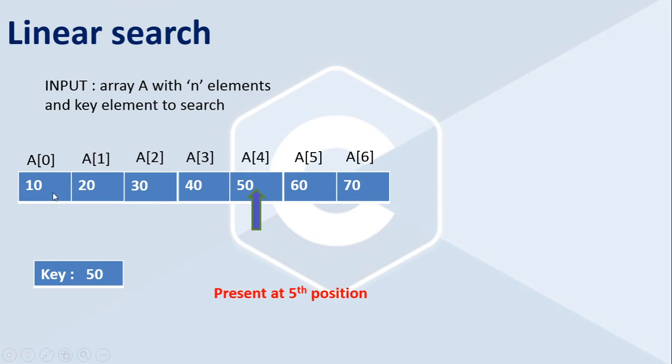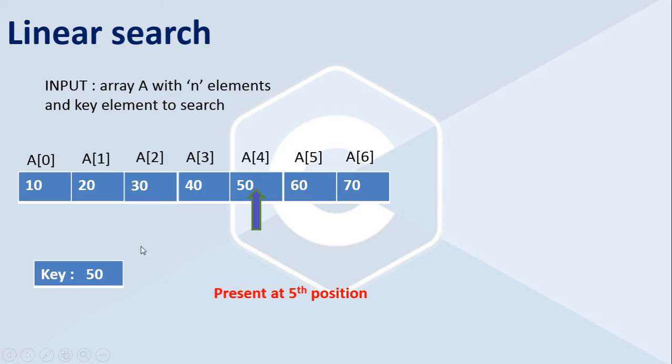That means this 50 is the 5th element of this array, and the index values range from 0 to 4, and at the 4th index position this 50 matches the key element. Actually this 50 is the 5th element of these 7 given elements, and this particular 50 is pointed to by the index value 4. So we can display a statement like this: this key element is present at the index plus 1th position.